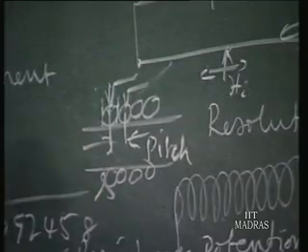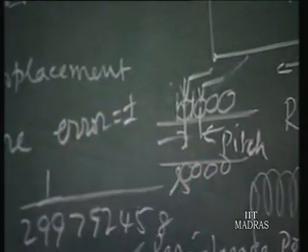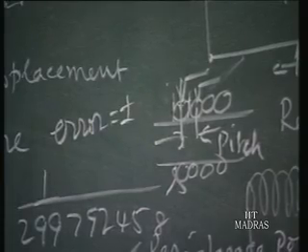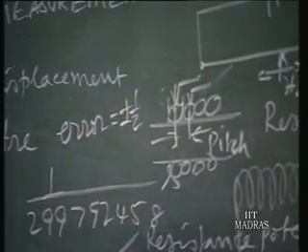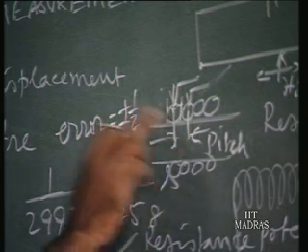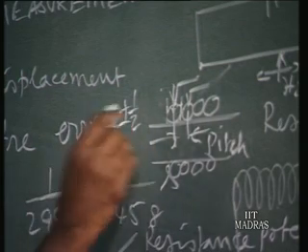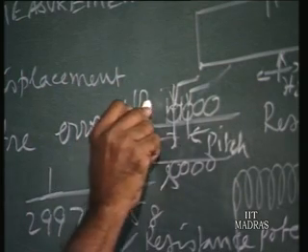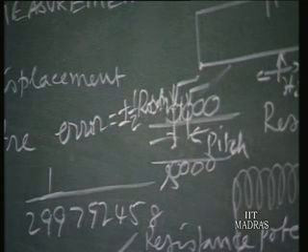That means error is equal to plus or minus half of the resolution, because resolution is more or less equal to the pitch distance, which is equal to the diameter of the wire. So these are some of the characteristics of a potentiometer.